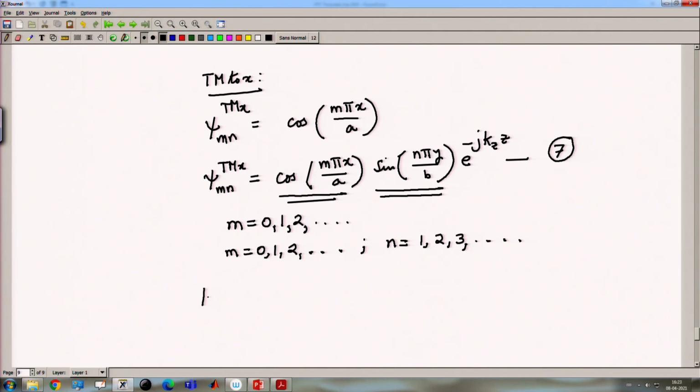And k z is given by beta, that is equal to k root 1 minus f c by f whole square, for f greater than f c.